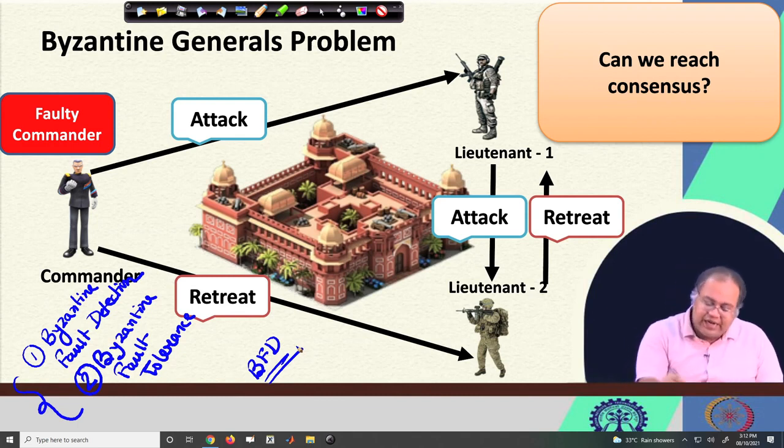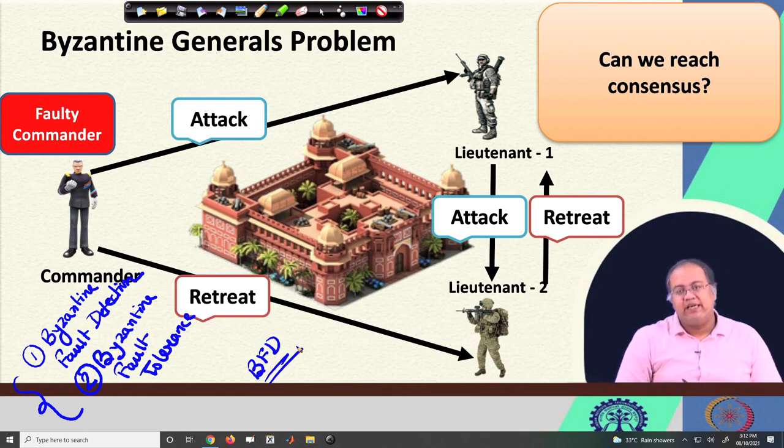In this particular scenario, lieutenant 1 and lieutenant 2 can detect that certain Byzantine behavior has happened, because if there is no Byzantine behavior, then both of them would have received the same message. Both of them would either receive attack or both would receive retreat. But the problem here is that one has received an attack and another has received a retreat. So that means a problem has happened in the system, and that is possibly a Byzantine fault.